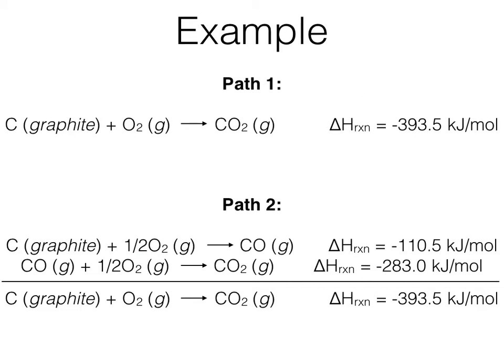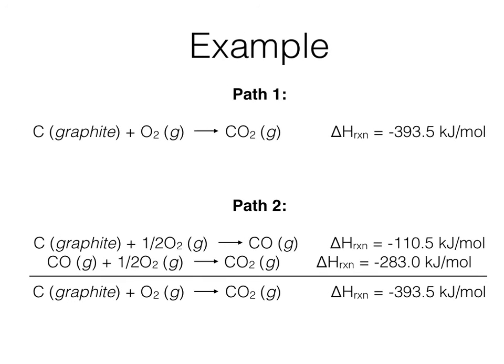Okay, so let's do an example. Let's see this in action. Here's an example with numbers. Sorry, we're not quite to the try it out yet point. If I have carbon in the form of graphite plus O2 gas forms CO2, it has a delta H of reaction.